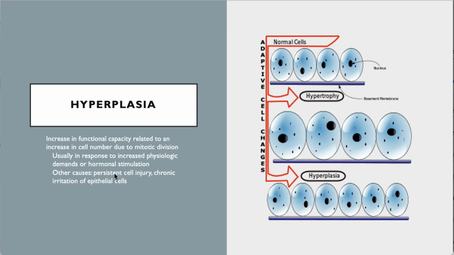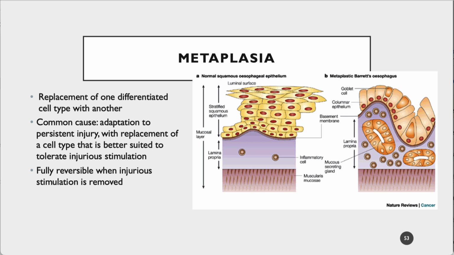Sometimes it can be from persistent cellular injury or chronic irritation in the epithelial cell beds. Metaplasia is where you have normal cell tissue that gets replaced by a different cell type. And a good example of that is shown here with Barrett's esophagus. So in Barrett's esophagus, there's this normal stratified squamous cell epithelial tissue.